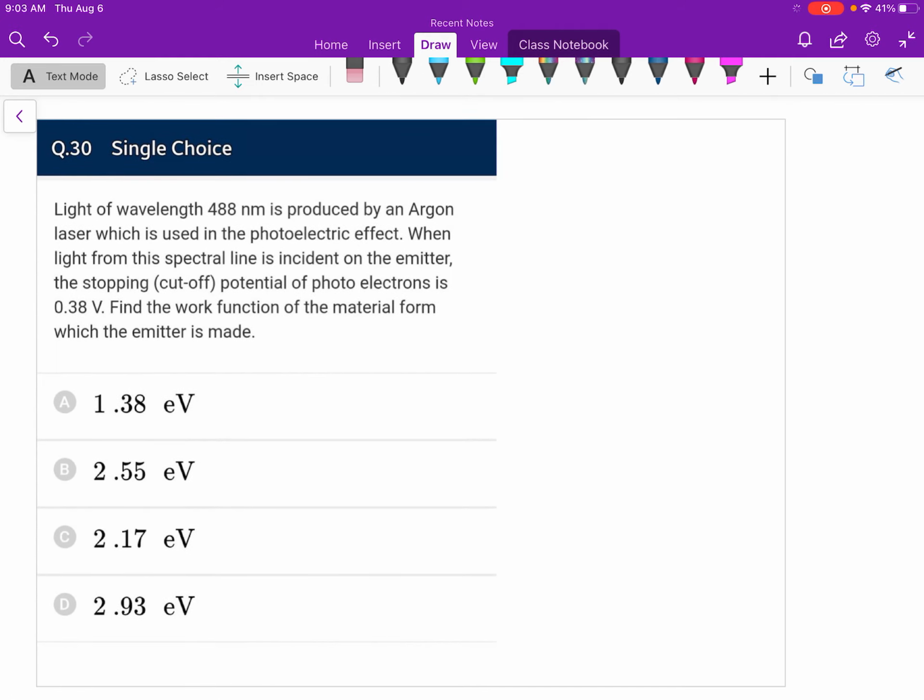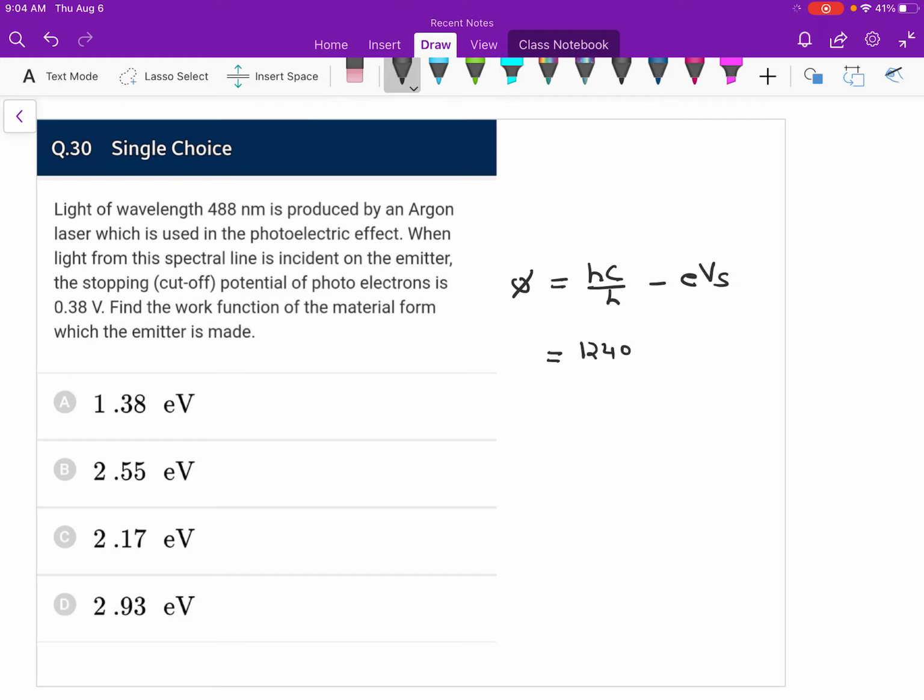Light of wavelength lambda is produced by an argon laser which is used in the photoelectric effect. When light from the spectral line is incident on the emitter, the stopping potential of the photoelectrons is this. Find the work function. So work function phi is hc by lambda minus eVs.